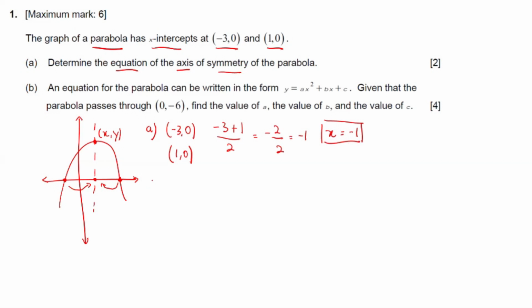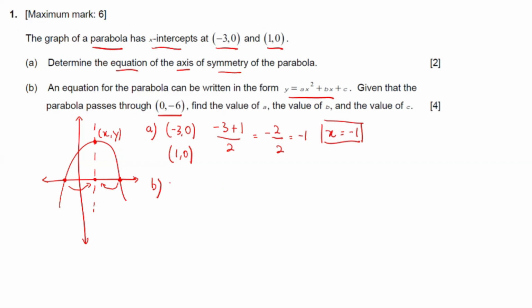Second question, question B. An equation for the parabola can be written in the form y equals ax squared plus bx plus c. Given that the parabola passes through (0, -6), find the value of a, b, and the value of c.